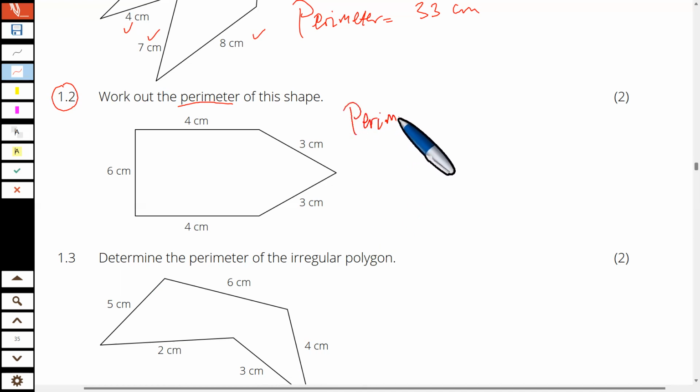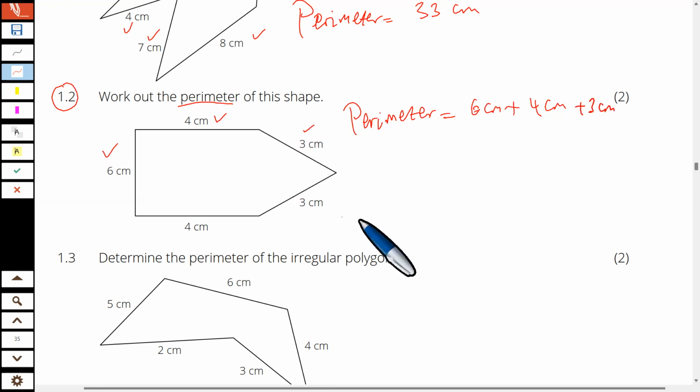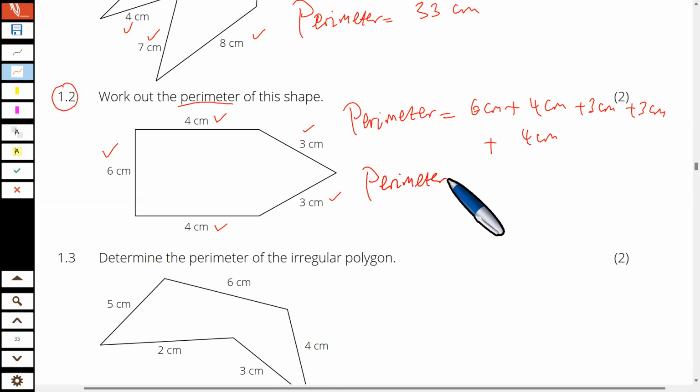Here the perimeter is 6 centimeters, plus 4 centimeters, plus 3 centimeters, plus 3 centimeters, plus 4 centimeters. So the perimeter, if you add all these, you get 20.